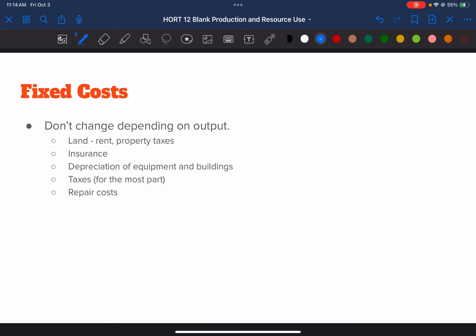So depreciation is this word that means the loss in value that capital investments have over time. Think about this in terms of a new car. If you go to a car dealership and you drive a brand new car off the lot, the second that car comes off the lot, its value starts to decrease, right? And with every year that you own the car, its value keeps going down.